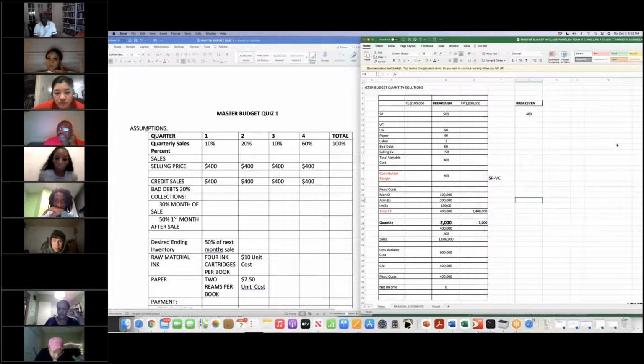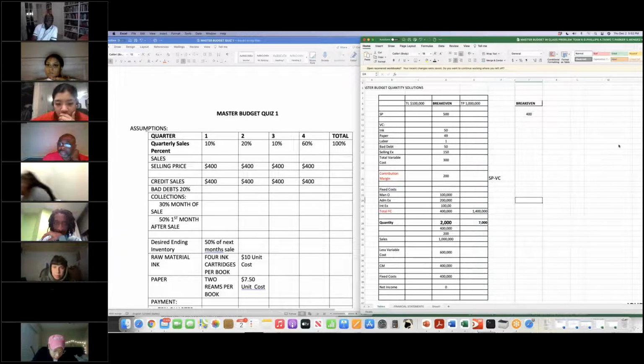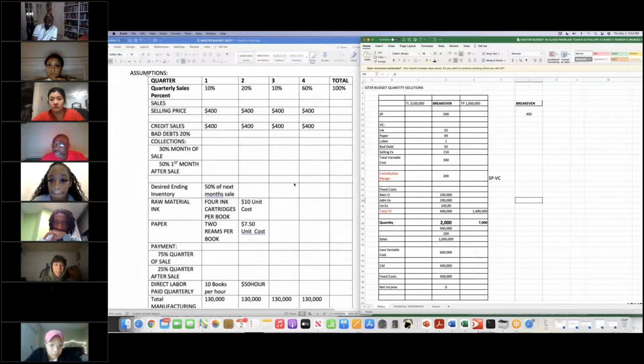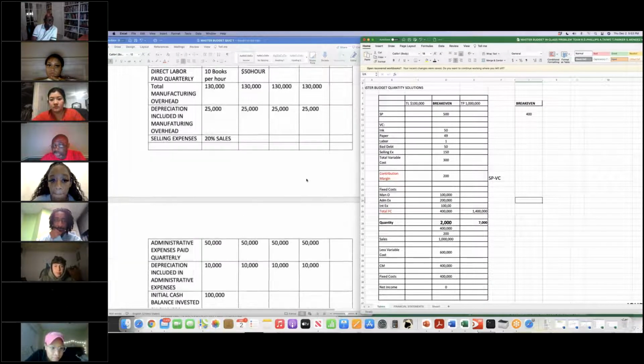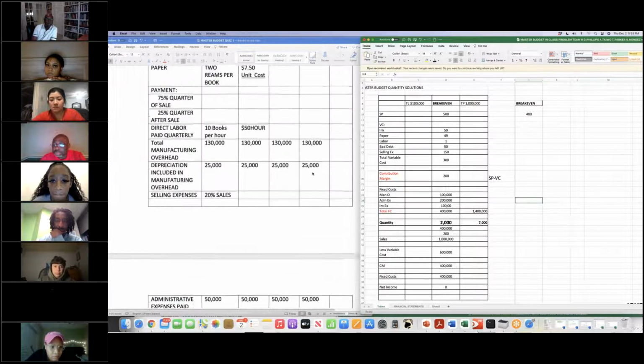It doesn't matter. You said paper, Nicole? So everybody getting one here. Then we get the bad debt. Sherrod, bad debts. Star Hill, selling expense. So you are the key lead persons in putting these amounts in. So you're going to go through and look at these assumptions and just put those numbers in.